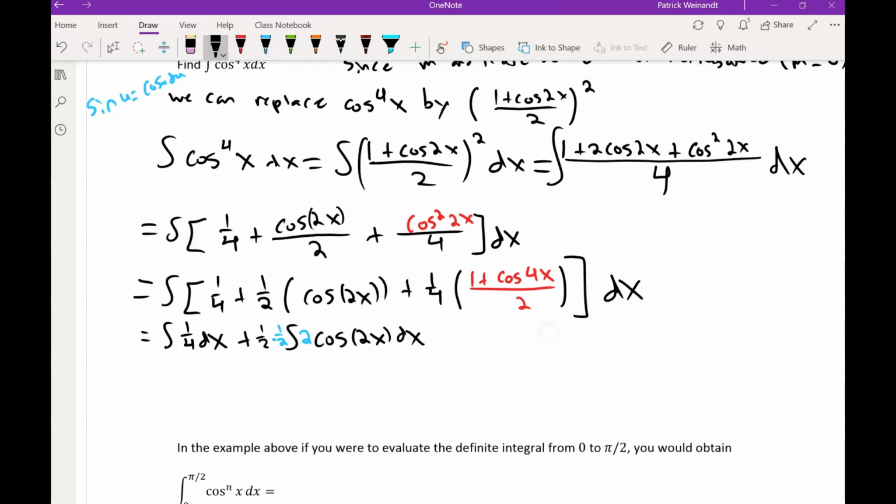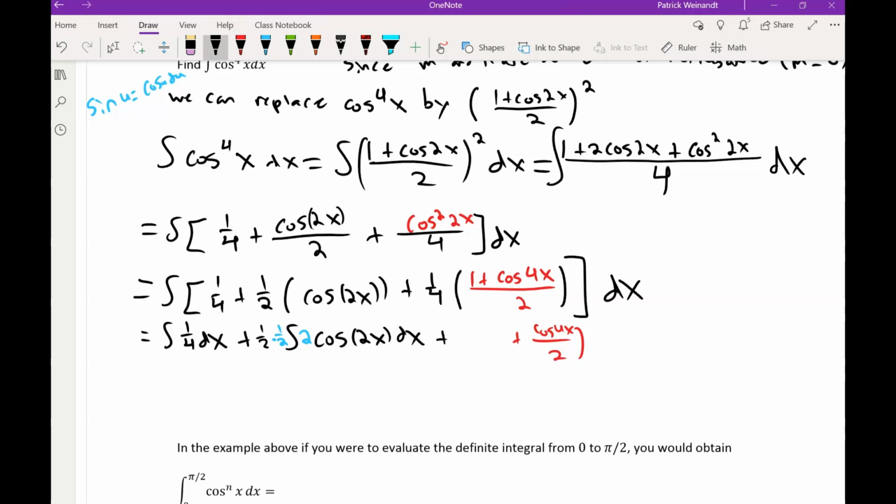And then we're still adding 1/4. We're going to have 1/4, and I'm also going to break up this fraction. This 1 plus cosine of 4x over 2 is the same as 1/2 times 1/2 plus cosine of 4x over 2. Well, this is going to be the same as 1/4 times 1/2, which is 1/8.